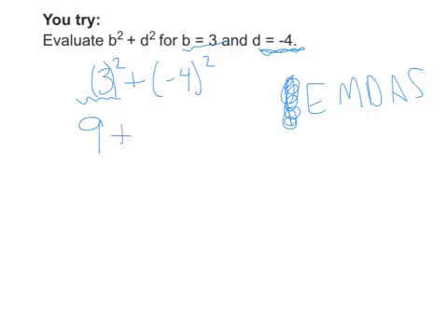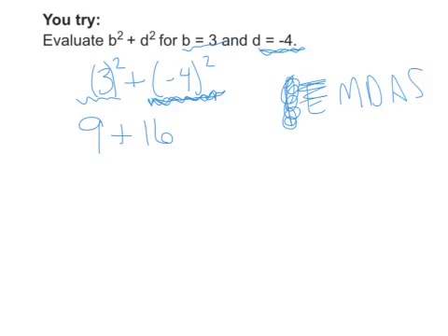Bring down this plus. Okay, we have another exponent here. So this one's -4 squared, which means -4 times -4, which is +16. Be careful if you're using the calculator. Make sure you keep the parentheses around it so you get this +16.